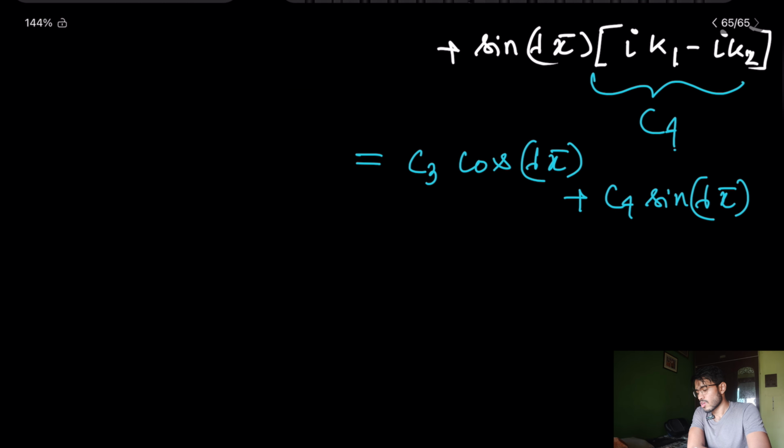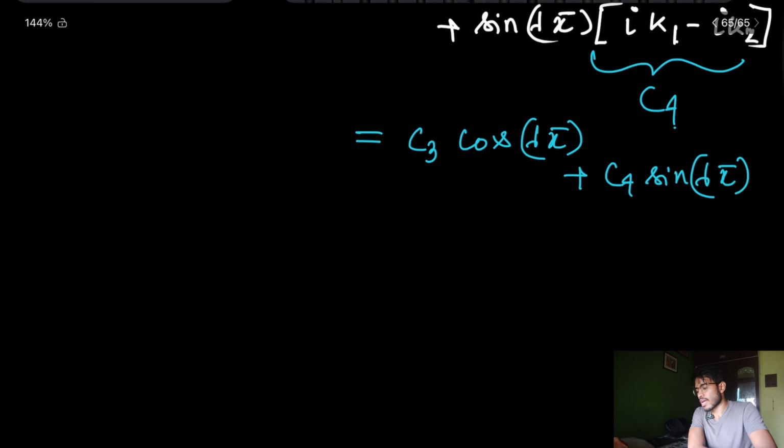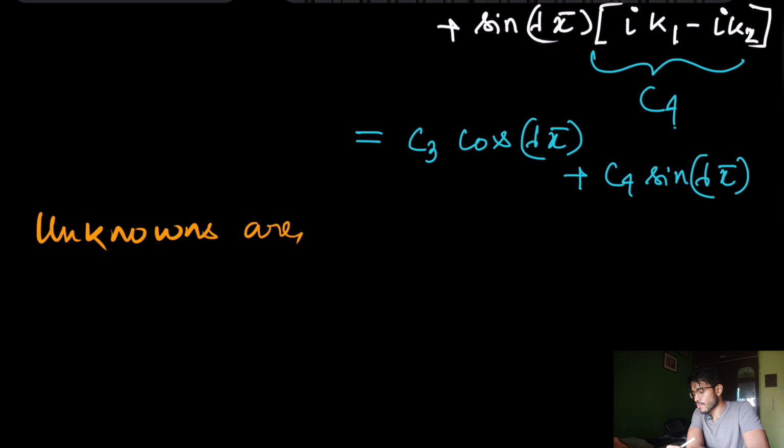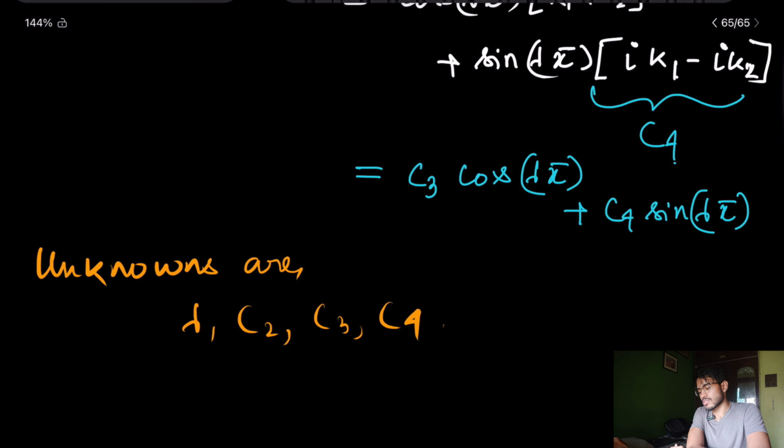So the unknowns are λ, C2, C3, C4, but we have only three boundary conditions, that is two boundary conditions and one initial condition. So let us see how we can find all these things.